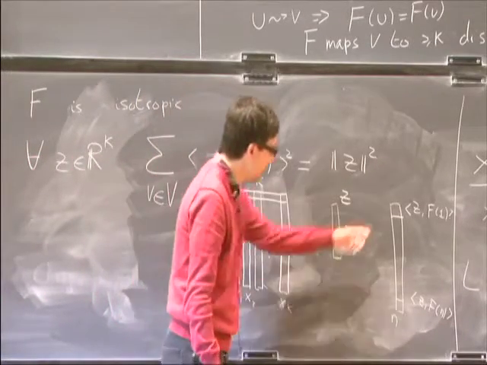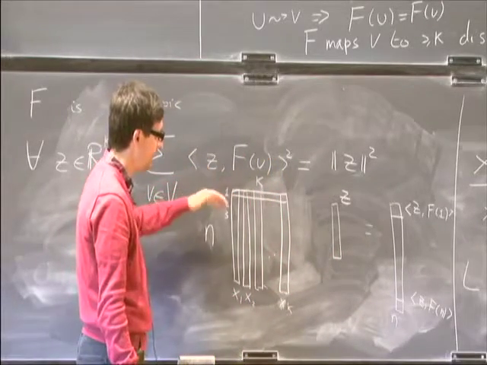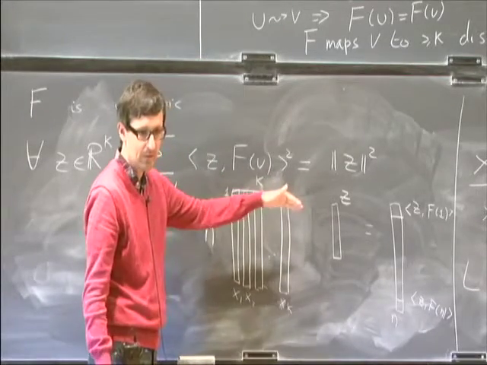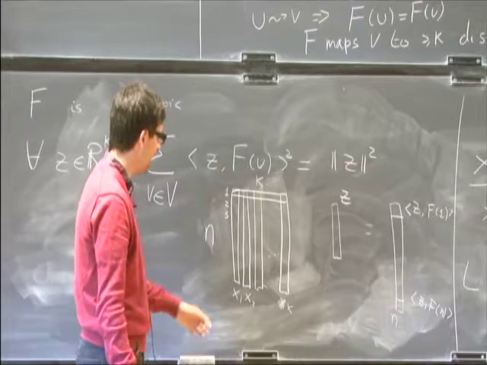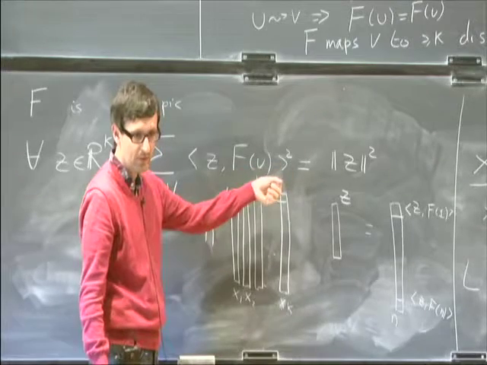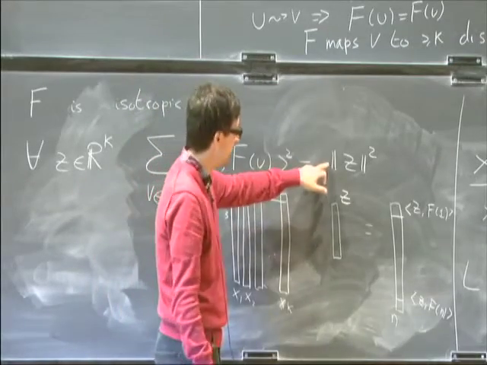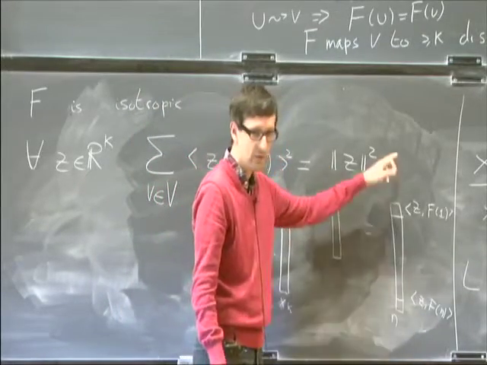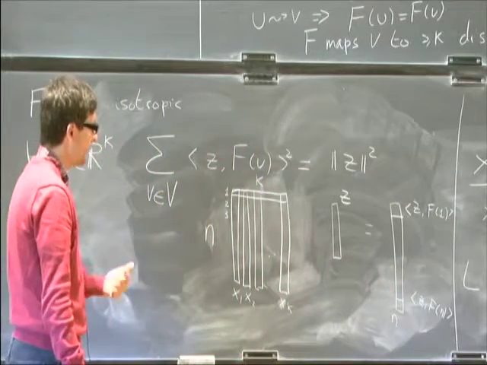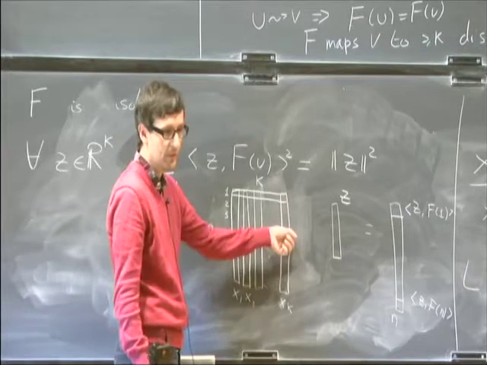So the inner products of the images of the vertices with this vector z is just what you get by multiplying this matrix by this vector. And in fact, this is basically a linear combination of those vectors indexed by the coordinates of z. What we have here is the norm square of this vector. So we're looking at the norm square of a linear combination of orthonormal vectors.